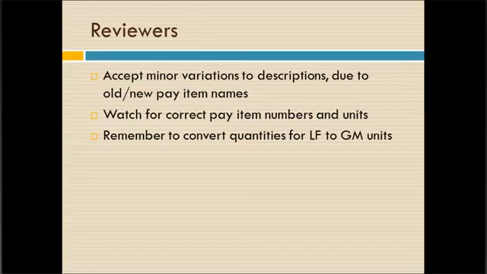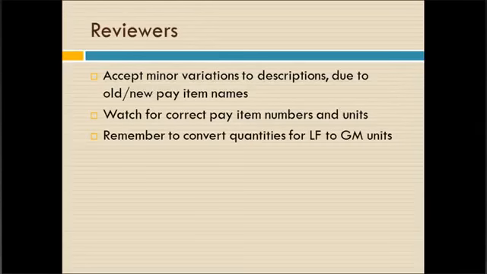If the description is very close, if it says dotted rather than skip, please accept those as being valid, and we will get them in there. We're trying to get this consistency, but that should not be the cause for a revision.